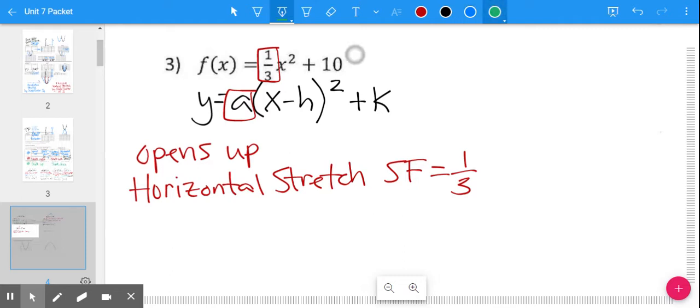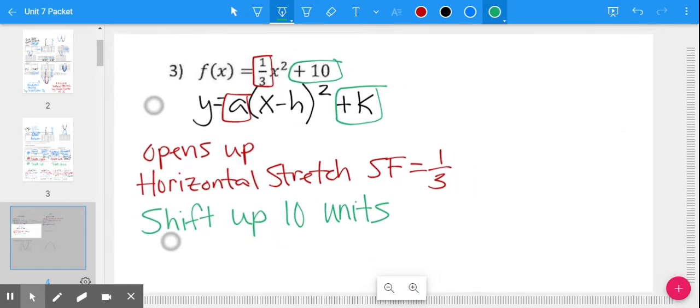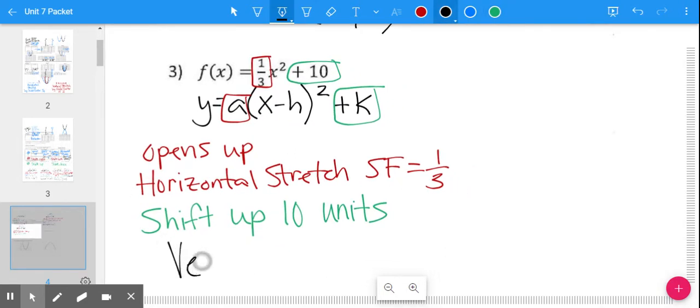So we have to look on the outside. So we have a plus 10 on the end, just like your plus k. So this is a shift up 10 units. So the vertex, your h, k.